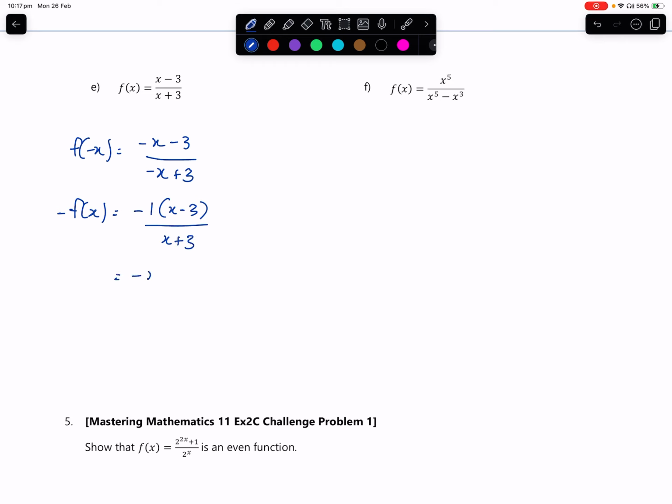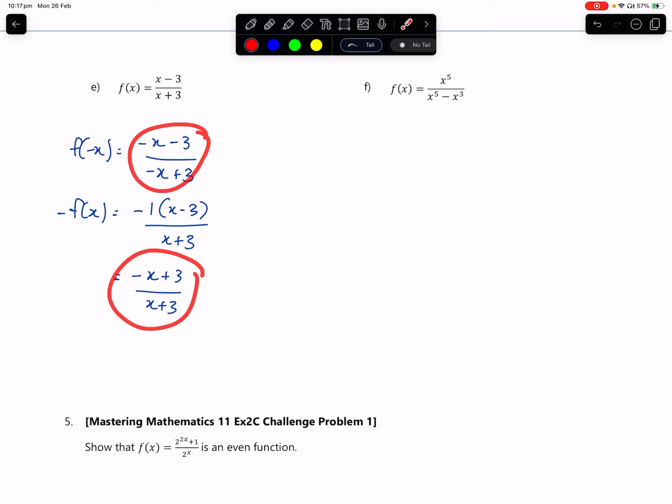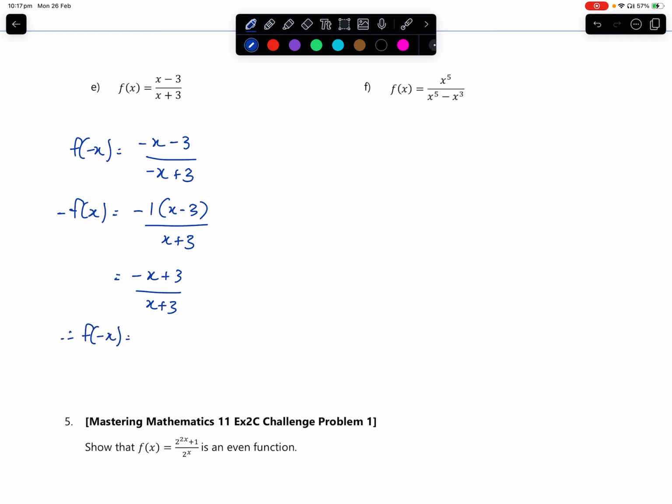So you have negative x plus 3 over x plus 3. Then if you compare this with this, these are not the same.